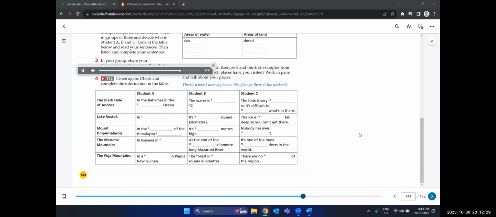So that's one for someone who also likes boats and maybe swimming. It's one of the most dangerous rivers in the world. Then there are also the Foja Mountains in a forest of Papua New Guinea. The forest is 8,100 square kilometers, and the bad news is there are no maps of the region, so you'll have to make one while you're there.